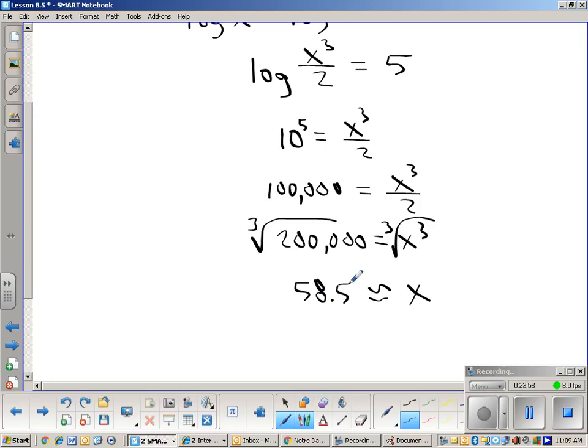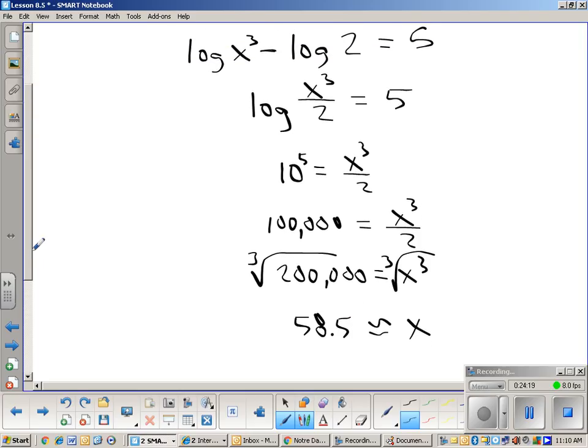They might tell you where to round. They might say round to the 100th or 1,000th or 10,000th or 10th. If they tell you where to round to and you don't round properly to that place, I take a point off. Any questions on that one?